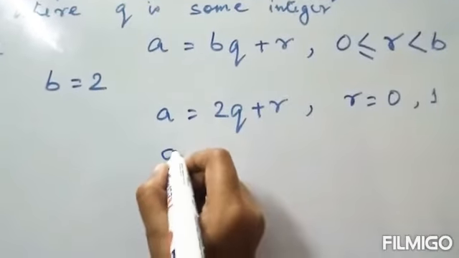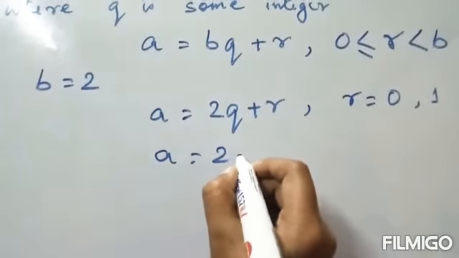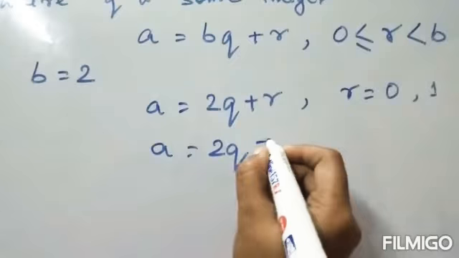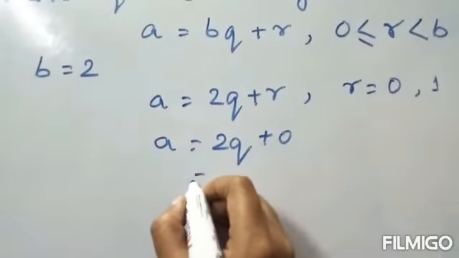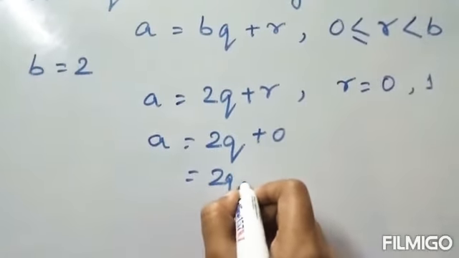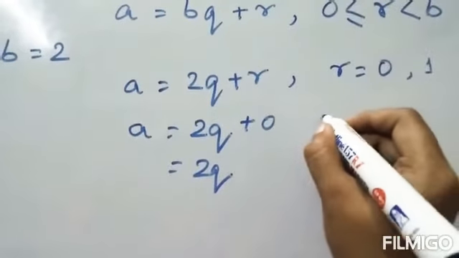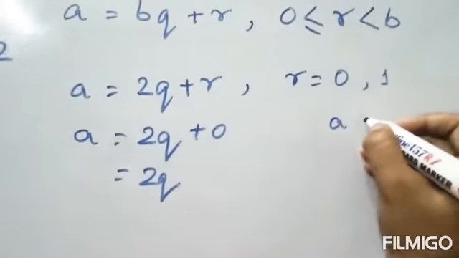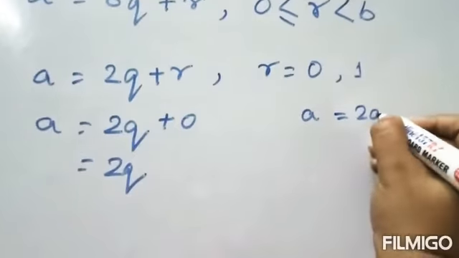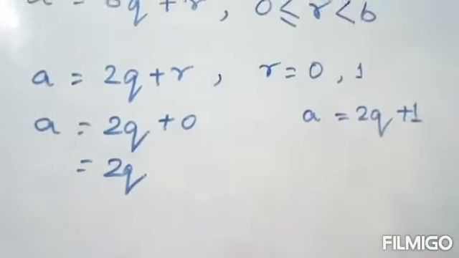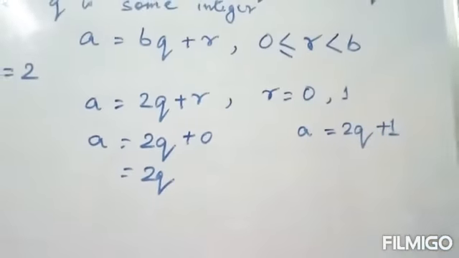So we can write A is equal to 2Q plus 0, which means A is equal to 2Q, and another we can write as A is equal to 2Q plus 1, right?